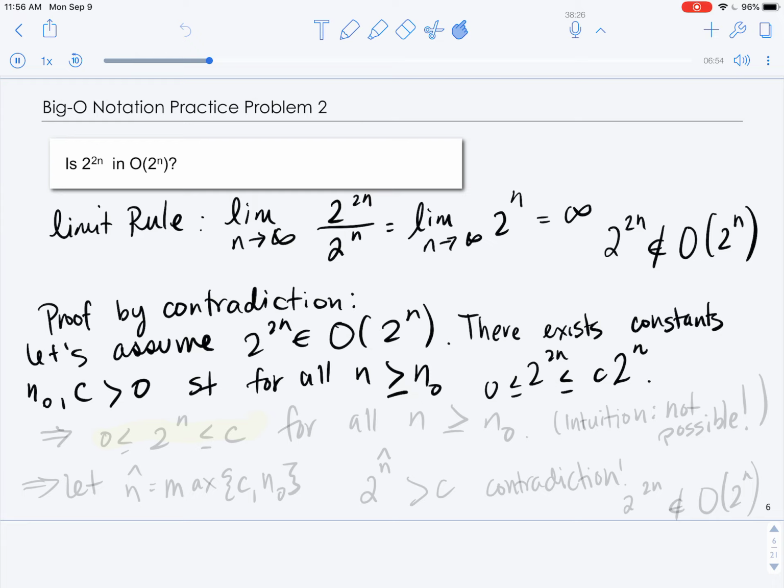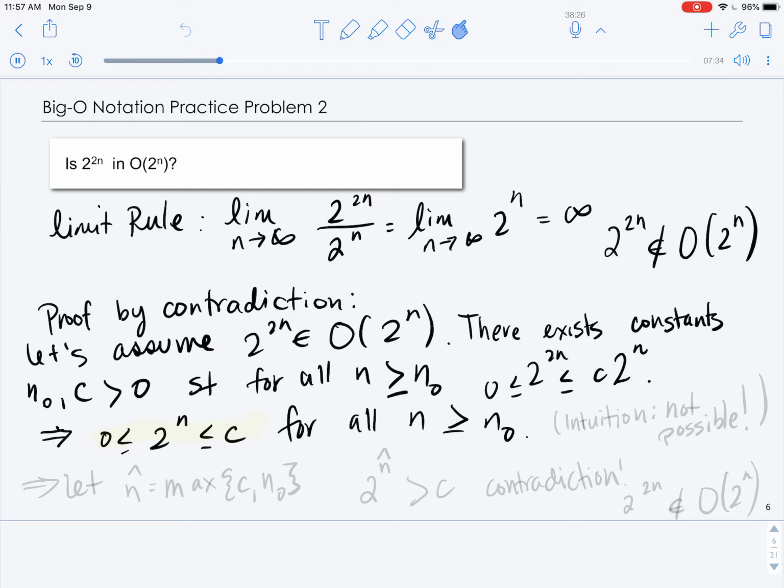Okay, but let's consider if this is possible or not. So now, let's just divide both sides by 2 to the n. When we divide that inequality by 2 to the n, we get that our constant has to be greater than or equal to 2 to the n for all n greater than or equal to n naught.